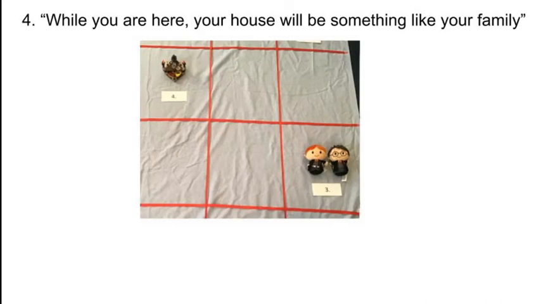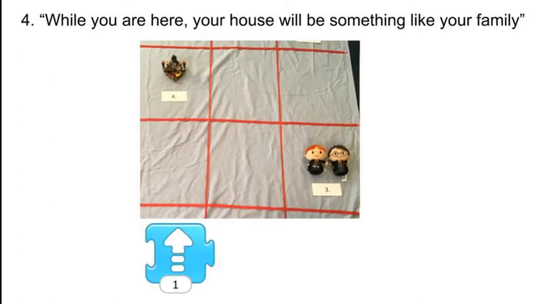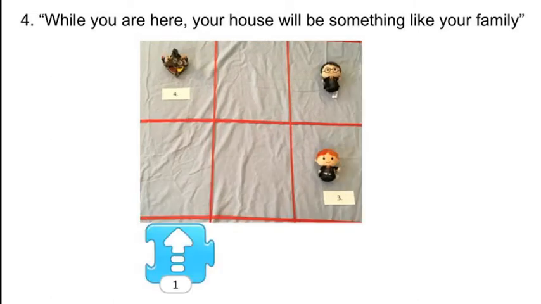Well, now they're at Hogwarts, and Harry and the other first years need to be sorted into their houses in scene 4, where their houses will be just like their family while they're at school. How do we get there? Let's see. If we move Harry up 1, there we go. And how many spaces should we move him left? 1, 2.